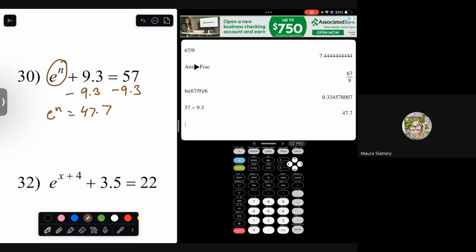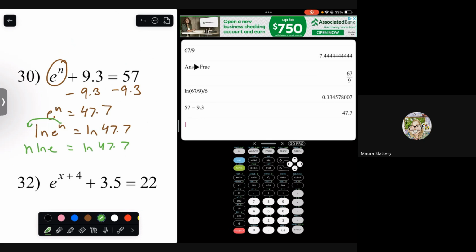Questions? Now what should we do? Yes, very nice job. We're going to take the natural log of both sides. So we get ln of e to the n equals ln of 47.7. This comes out in front, so we get n times ln of e equals ln of 47.7.